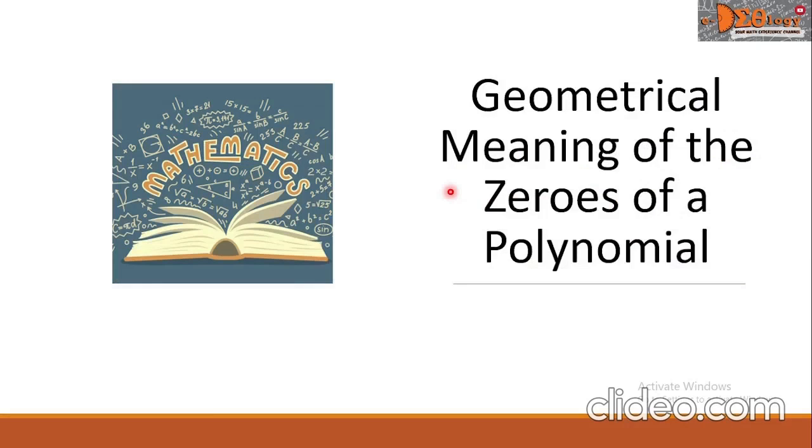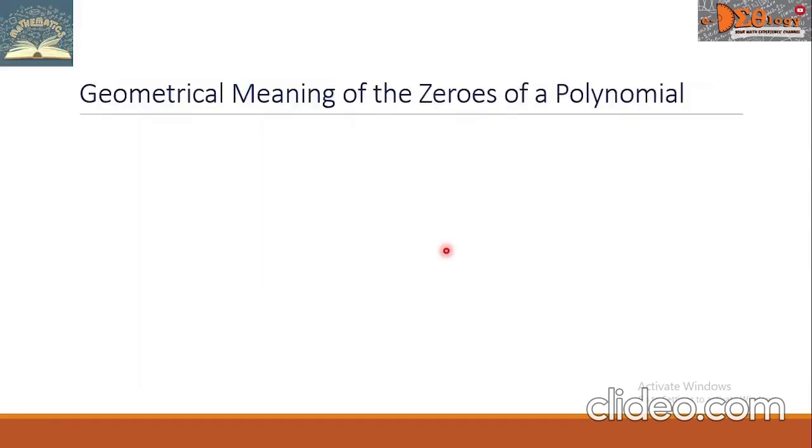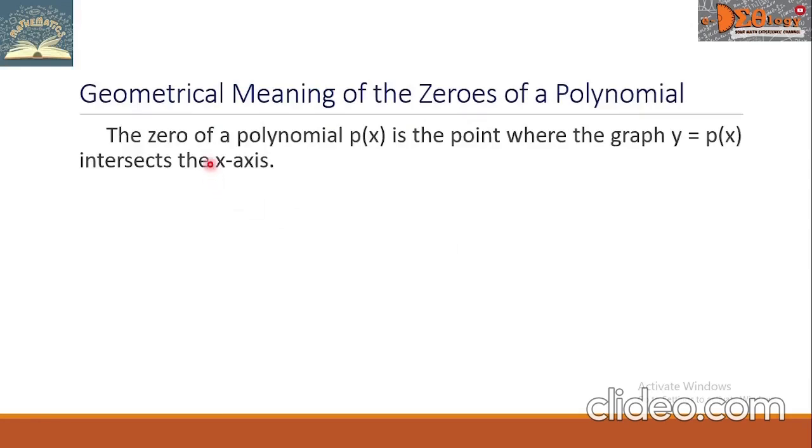Hi everyone! Today we're going to study the geometrical meaning of the zeros of a polynomial. The zero of a polynomial p of x is the point where the graph y equals p of x intersects the x-axis.